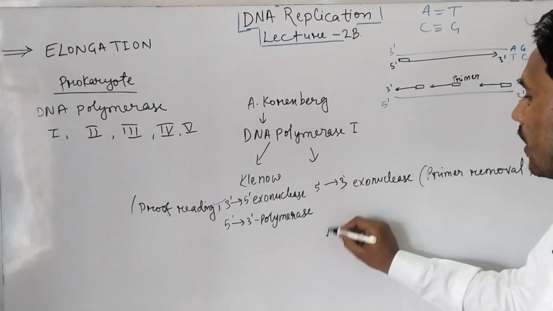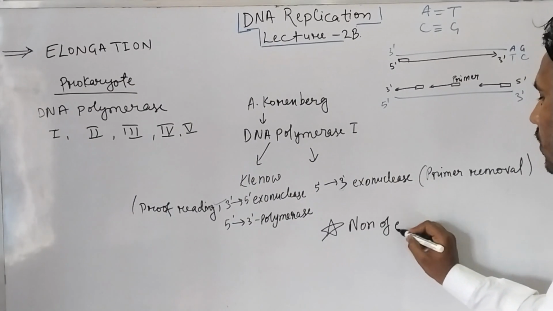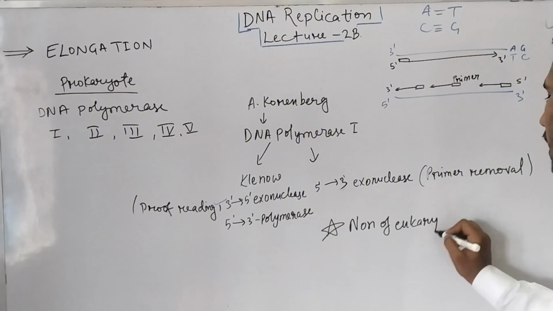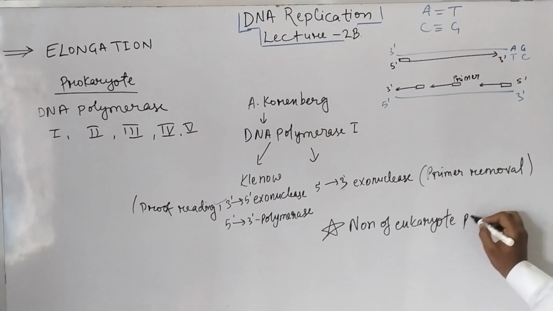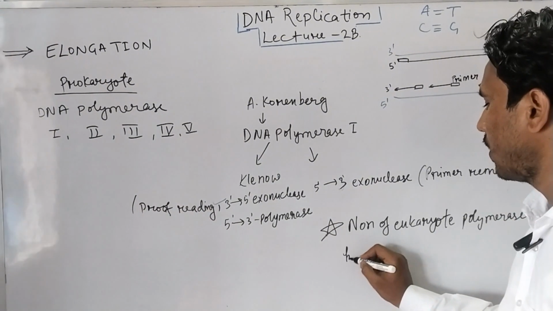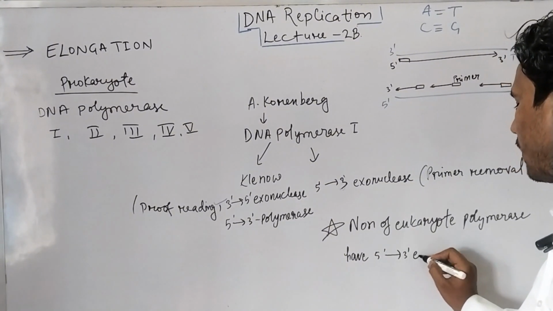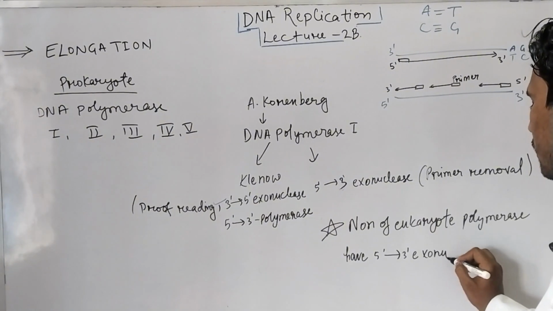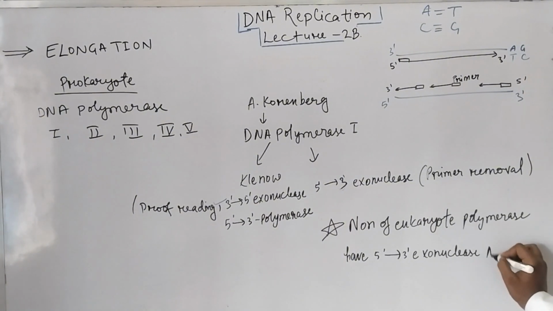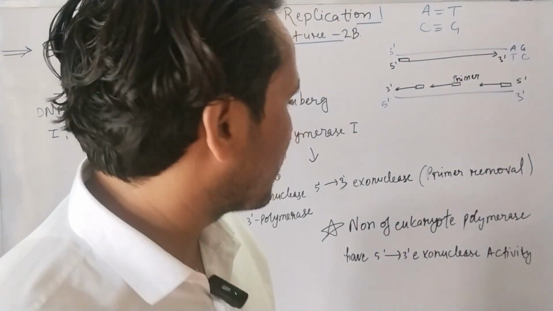Note it down here: none of the eukaryote polymerase have 5' to 3' exonuclease activity. So you may be shocked why it doesn't have the 5' to 3' exonuclease activity.